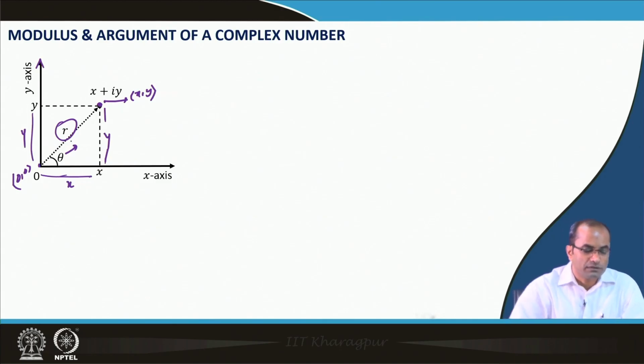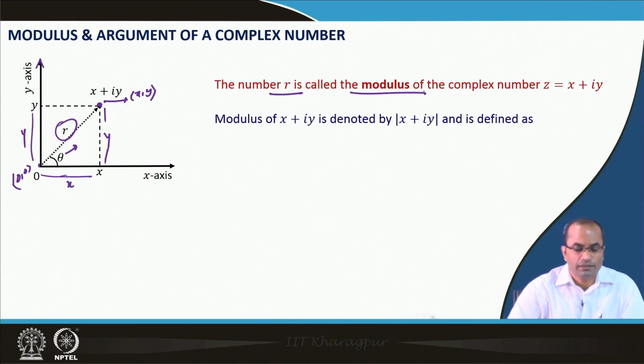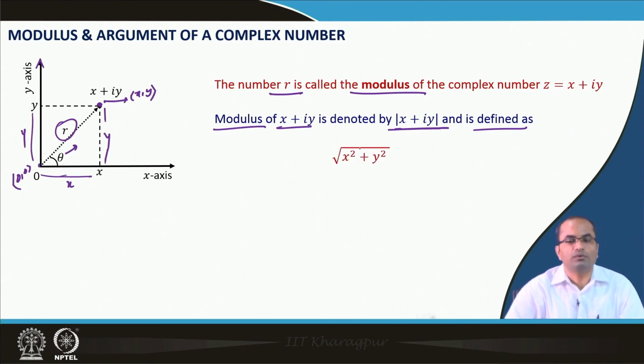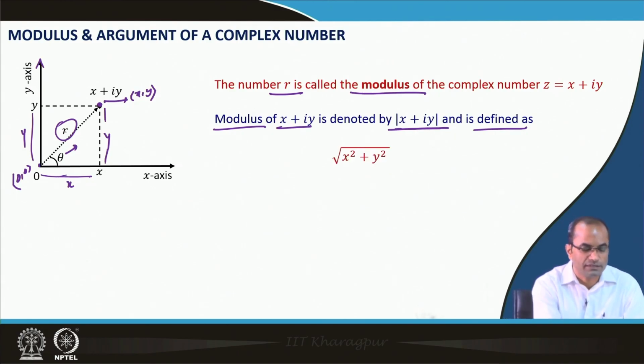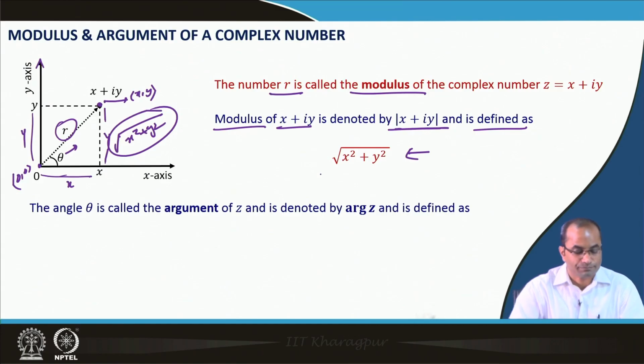Now, this number r is called the modulus of the complex number, and the modulus of this x plus i y is denoted by the absolute value of x plus i y, and this is defined as the square root of x square plus y square. As I discussed, this r is the distance from the origin to this point, which is nothing but the square root of x square plus y square. This is the modulus of this complex number x plus i y.